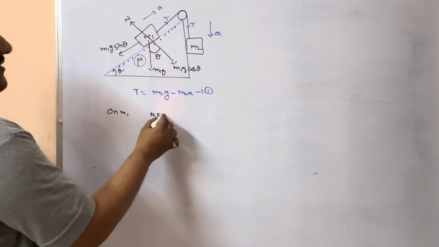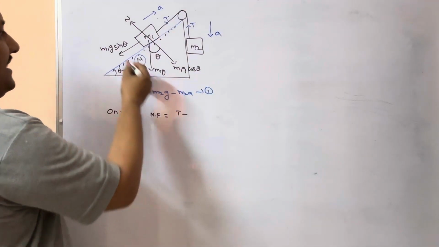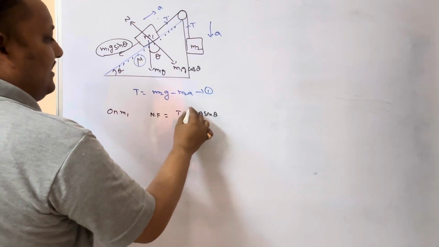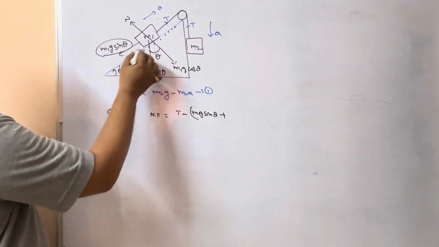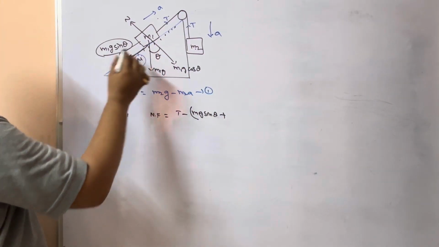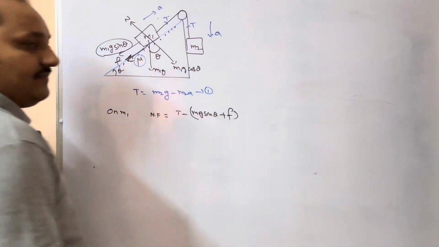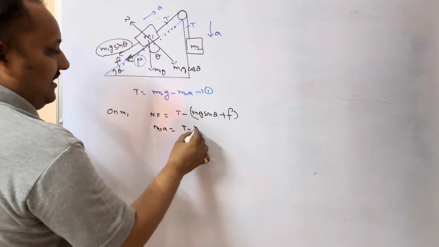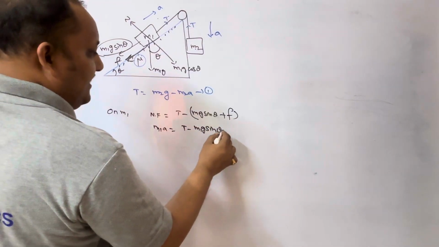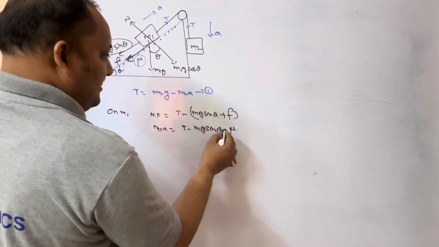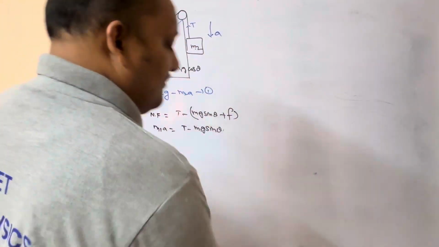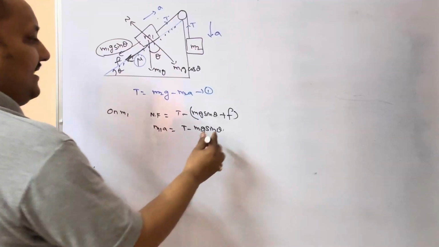So the net force on M1 equals T minus, in this direction, M1g sin theta plus another force, which is the frictional force. So M1a is equal to T minus M1g sin theta plus this minus. If you multiply, you are going to get minus here, so don't get confused with this minus sign.